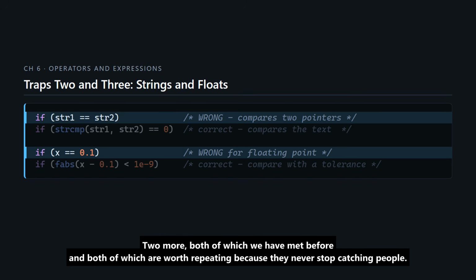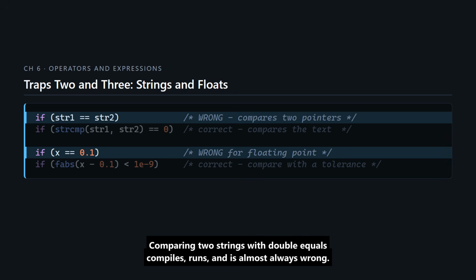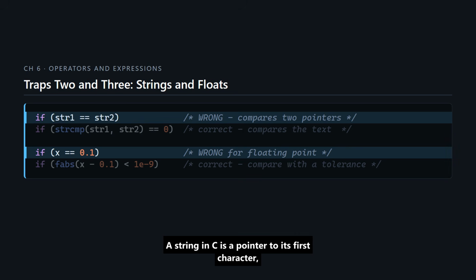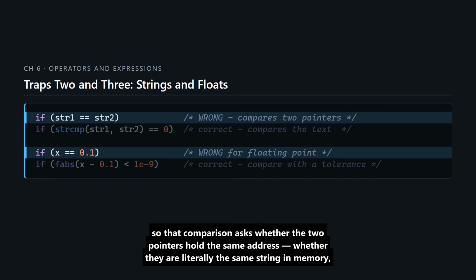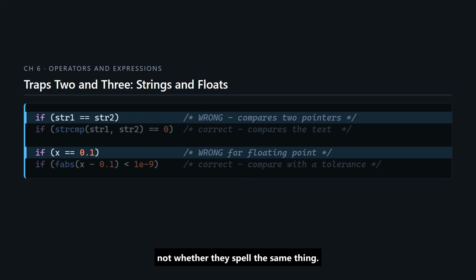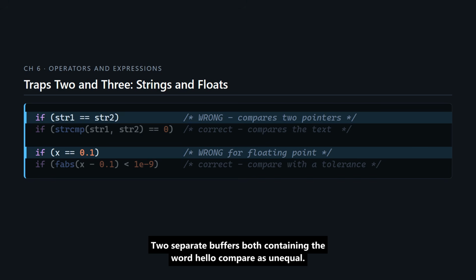2 more, both of which we have met before and both of which are worth repeating because they never stop catching people. Comparing 2 strings with double equals compiles, runs, and is almost always wrong. A string in C is a pointer to its first character, so that comparison asks whether the 2 pointers hold the same address, whether they are literally the same string in memory, not whether they spell the same thing. 2 separate buffers both containing the word hello compare as unequal.